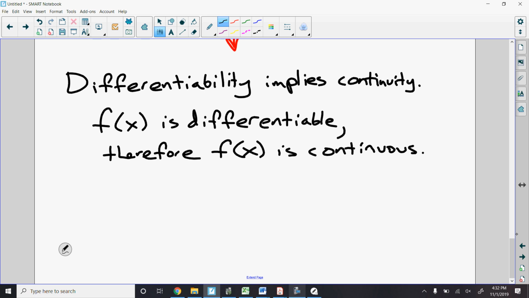If you know f is differentiable, you get for free that f is continuous. You're just going to need to state that. But if I tell you f is continuous, you can't assume f is differentiable. It doesn't work that way. The last thing, just a quick definition here, is for critical points.